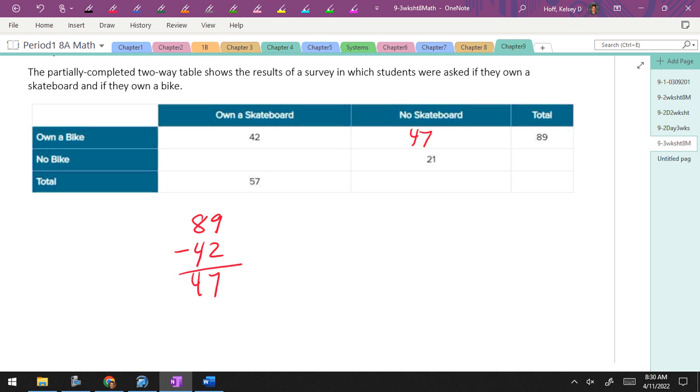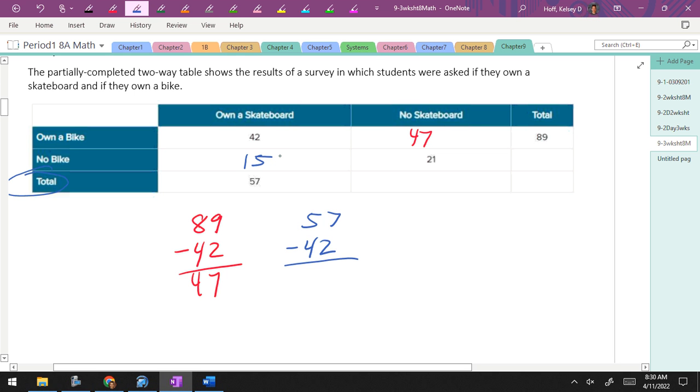I got to fill in all those missing pieces. Can somebody tell me another way I could fill in another one? Sarah? Very good. This is also a total column. So she said if you took 57 minus 42, what did you get? That would fill in owning a skateboard but no bike.